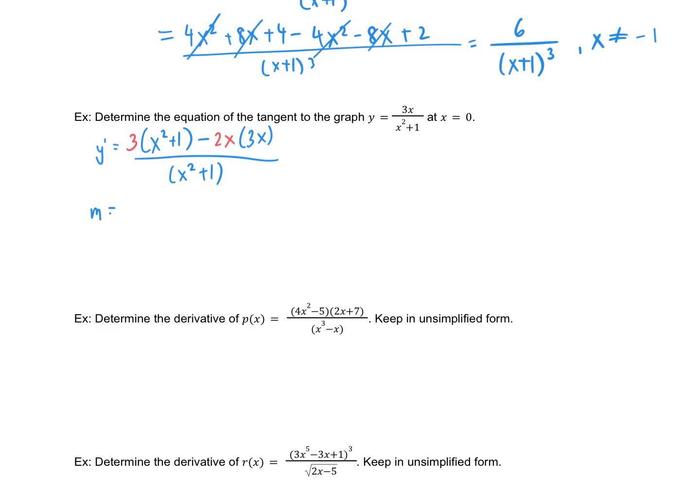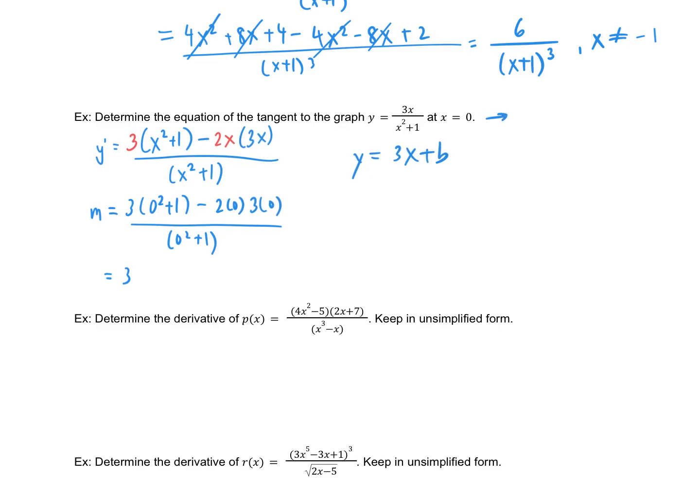So I think I'm going to do that. I'm just going to find my slope. 3 times 0 squared plus 1, minus 2 times 0, 3 times 0, all over 0 squared plus 1. So I'm going to have 3 times 1 is 3, minus 0 is 3, and the denominator will be 1. So the slope of the tangent line is 3, so my equation will be y equals 3x plus b.